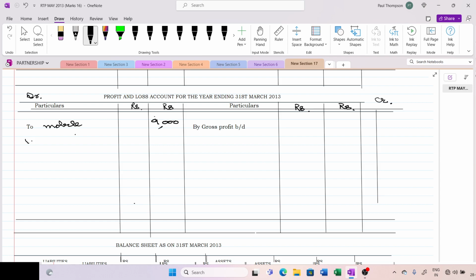So I am writing here, then we will go to the balance sheet. To depreciation, furniture, it was 5% on 96,000, around 4,800. Then on computer, it was 10% on 24,300, 2,430.